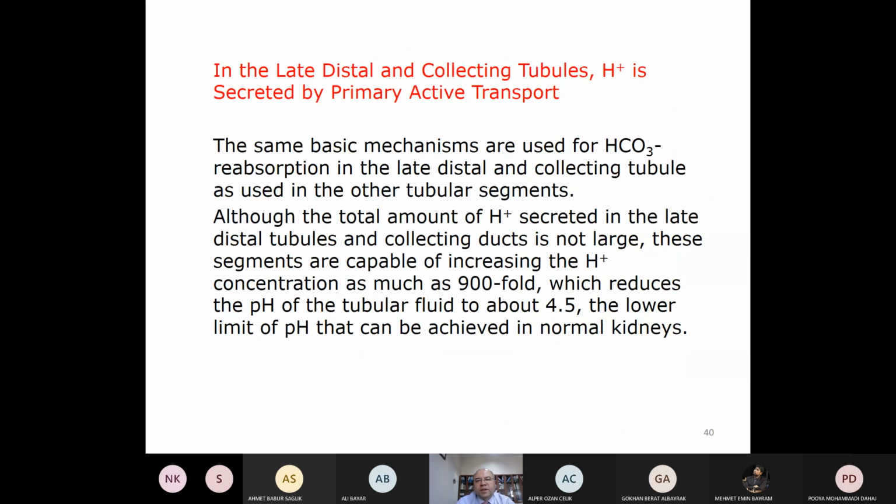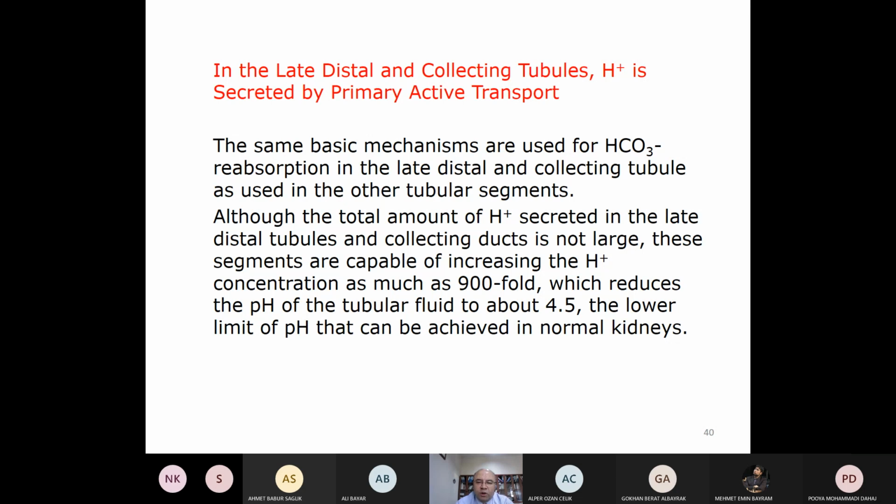In late distal and collecting tubules, hydrogen is secreted by primary active transport. So the same mechanism is used for bicarbonate reabsorption in the late distal and collecting tubule as used in other tubular segments, although the total amount of hydrogen secreted in the late distal tubules and collecting ducts is not so much.